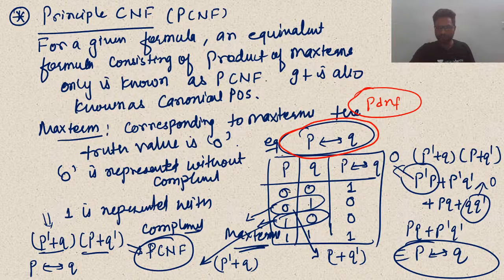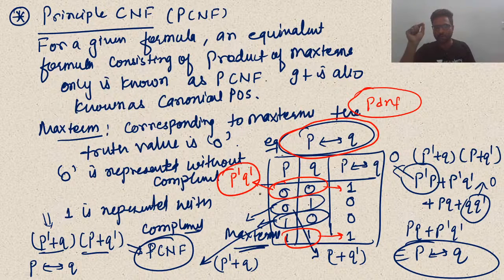Identify which are the min terms. Min terms are elementary products, where the function output is 1. So represent 0 with the complement: P dash Q dash, an elementary product, and this one will be represented as PQ, also an elementary product.